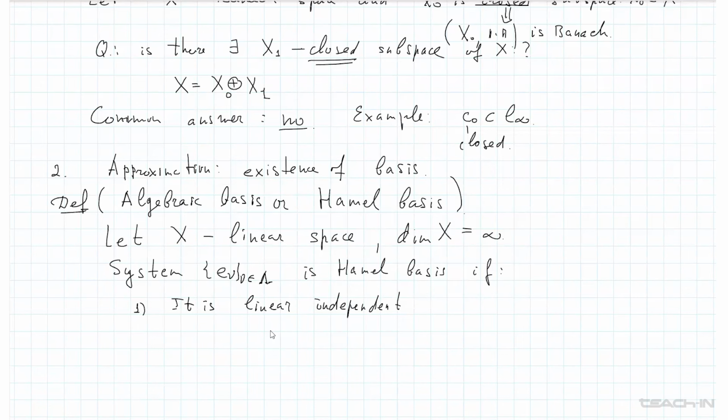The linear independence of an infinite system: any finite subsystem is linearly independent.